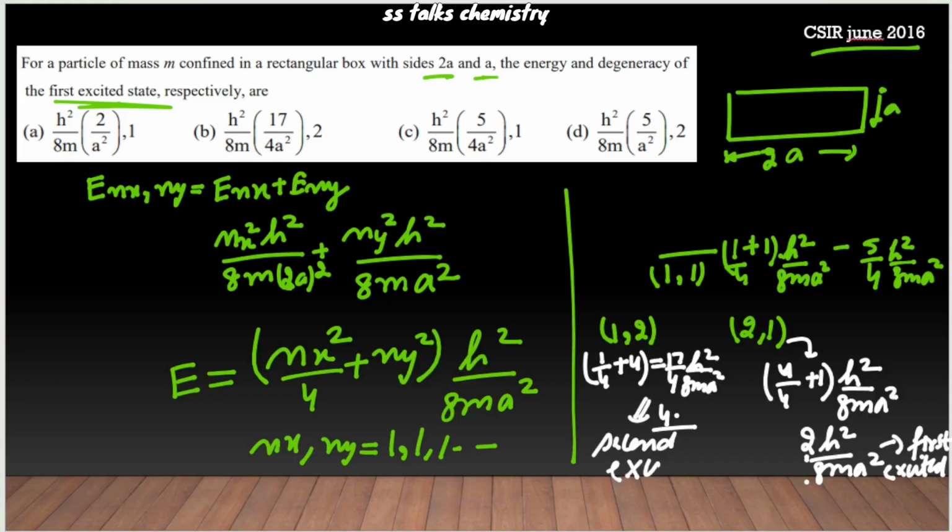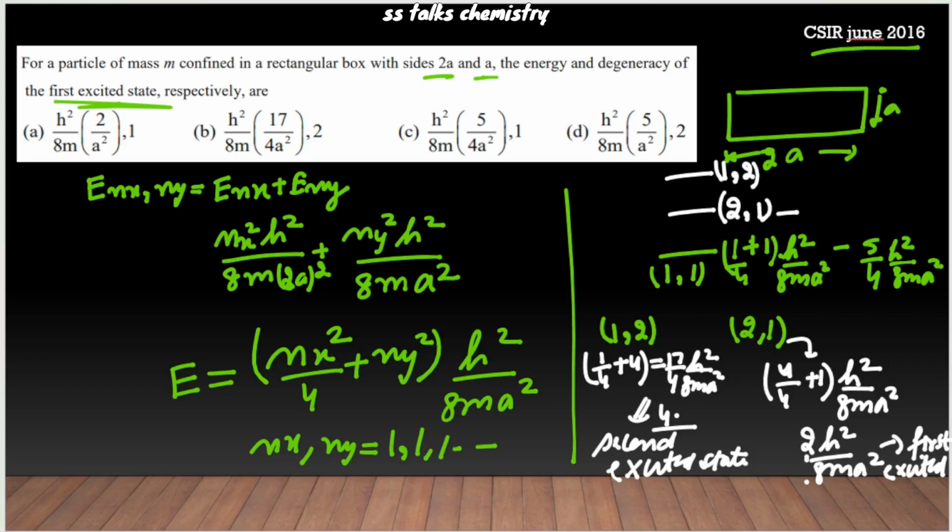Now if you had a square box, both these levels, 1, 2 and 2, 1, would be degenerate. But now in this case they are not degenerate, their degeneracy has been lost. The lower one is 2, 1 and then it is 1, 2.